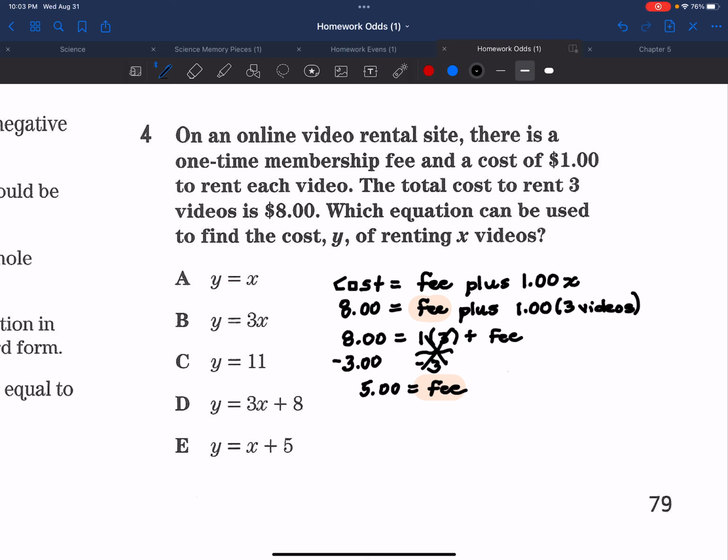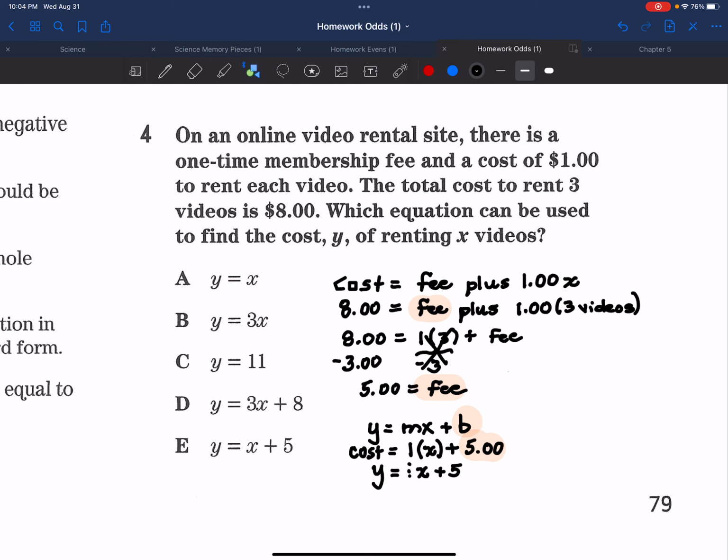So what this is saying in slope-intercept form, y, which is the cost, equals $1 for every video plus the $5 fee. So we had to find baby b to be able to make this formula. So cost is 1x plus 5.